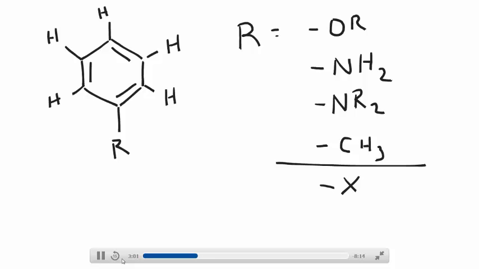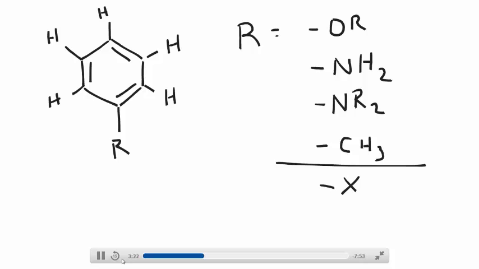All of these tend to be ortho-para directors when you do electrophilic aromatic substitution. And it's due to the fact that these atoms are electron withdrawing from the ring, yet electron donating into the ring, making it more negative, and therefore a better nucleophile for these types of reactions.